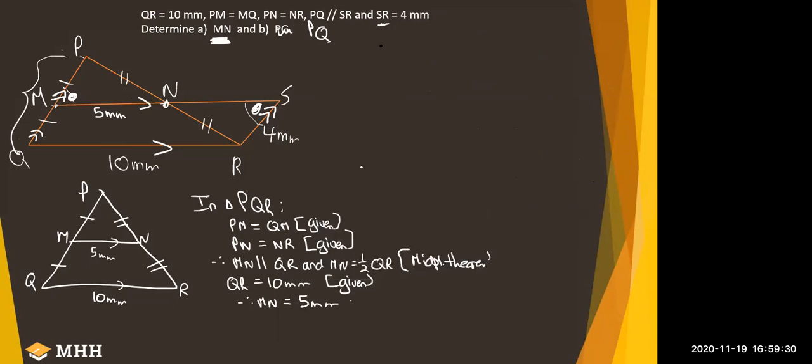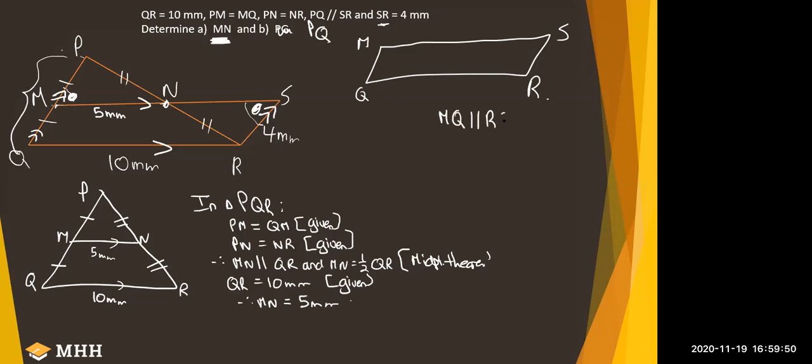So can you see, let's quickly look at this shape, M, Q, S, R. We can say that MQ is parallel to RS, right? That was given. You see in the beginning, they said this whole PQ is parallel to SR. So this one is parallel to that one. It's given. We just proved that MN is parallel to QR.